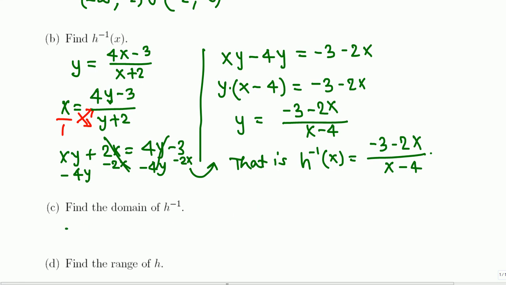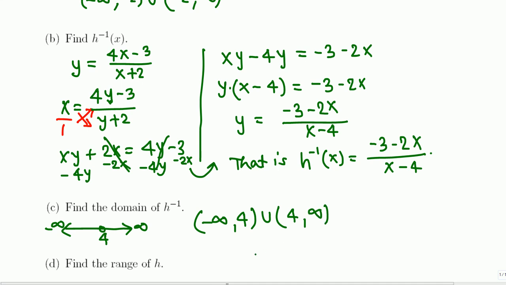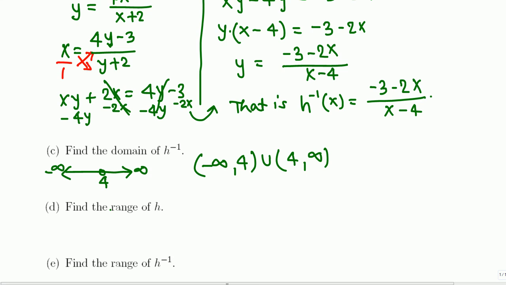So this will be the case: all reals except 4. So 4 should be removed. We write it in interval notation in this way: -∞ through 4 union 4 through infinity. That's the domain. Next, we need to find the range of h.